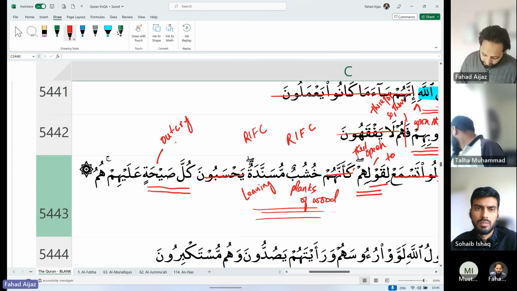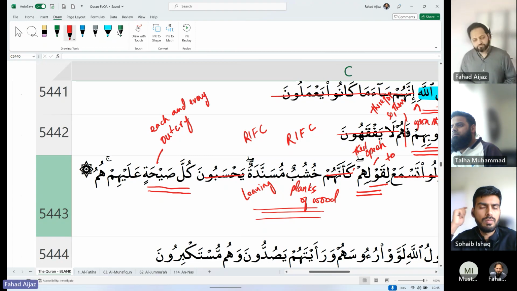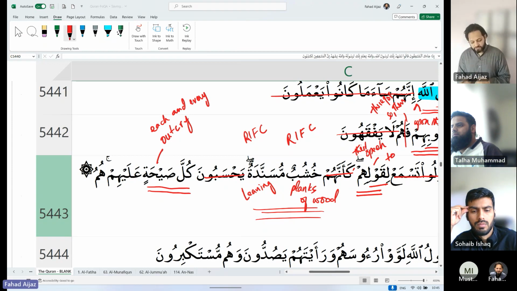So it would mean each and every outcry. I'll tell you the context of this after we have done the alayhim part. So is this clear? Kulla sayhatin is an idafa with a special mudaf.